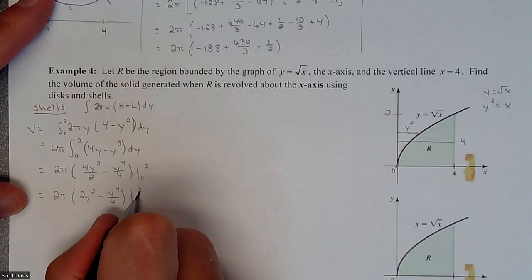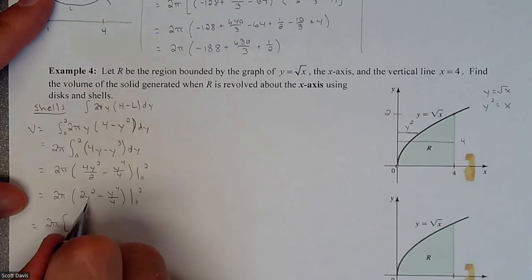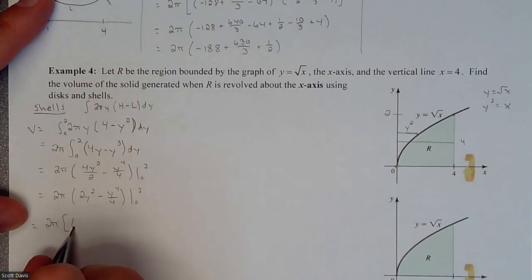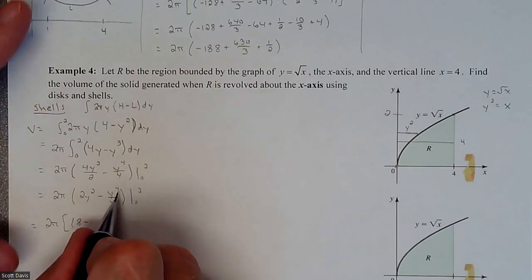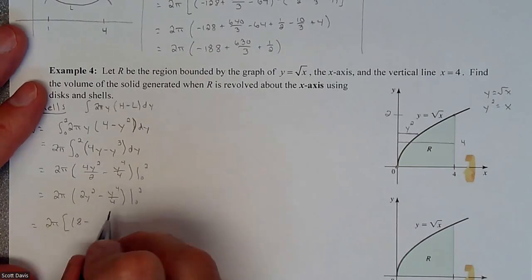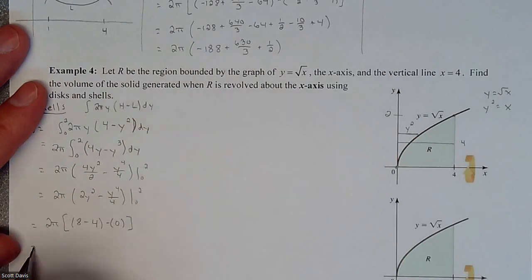Plugging in 2: 2 squared is 4 times 2 is 8, minus 2 to the 4th is 16 divided by 4 is 4. Plugging in 0 gives 0. So this is 4 times 2 pi, and the volume is 8 pi.